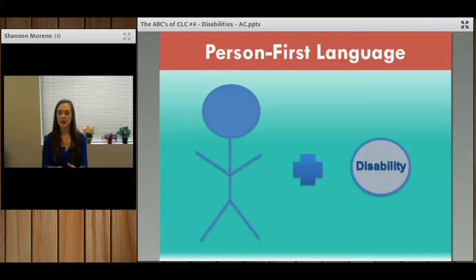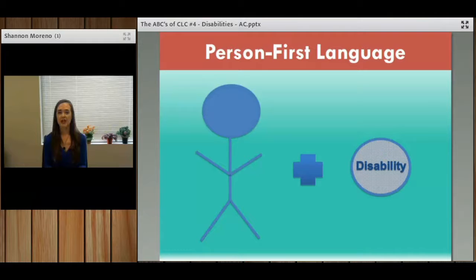So the idea of this person-first language is to make sure that the humanity of persons with disabilities is being addressed and is being respected. Now, this is after many, many years, thousands of years in human history and in the U.S. hundreds of years as well, of not referring to and talking about or to persons with disabilities in a respectful way.